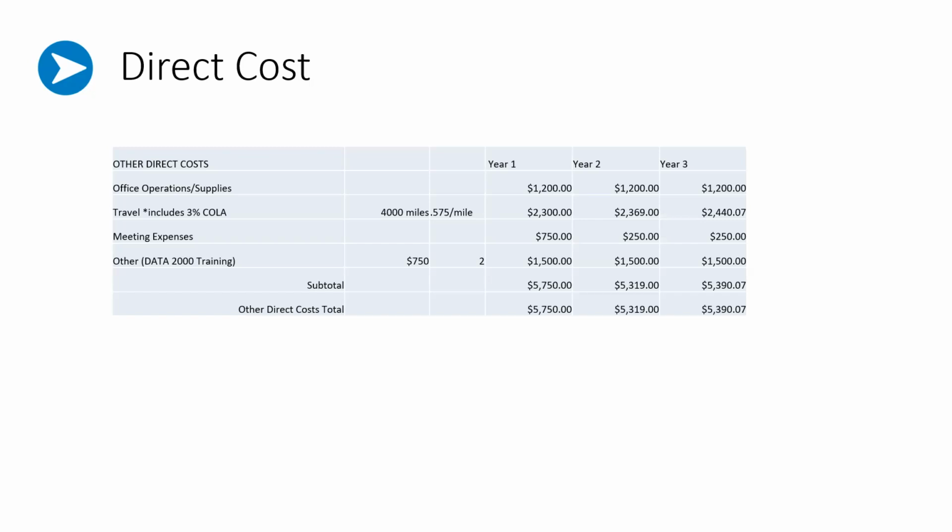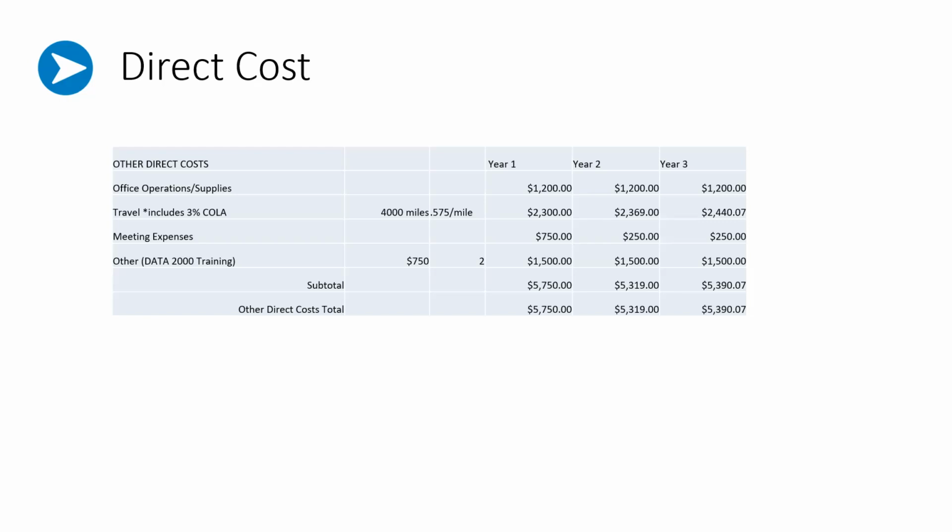So again, this is the budget that has year 1, year 2, and year 3. They've estimated office expenses and supplies at $1,200 for each year. They estimated travel at 4,000 miles, and at that rate, it was 57.5 cents a mile, the rate the year this budget was put together.